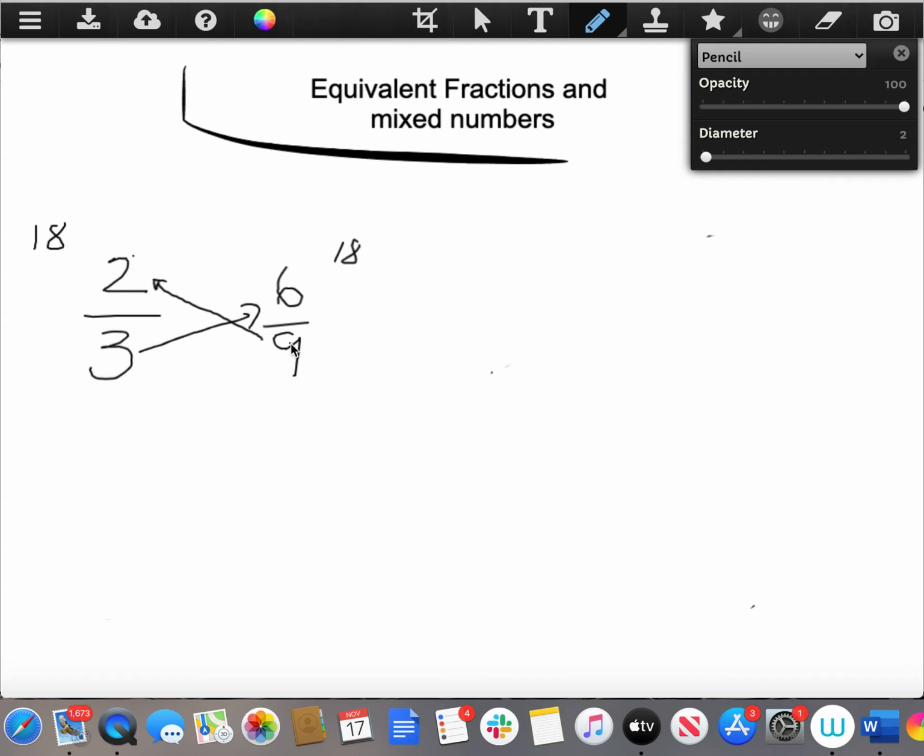Since this is 9, I can see what do I multiply 3 by to get to 9 over here. So if I multiplied 2/3 by 3, whatever I do to the bottom, I have to do to the top, I end up with 6/9, which is equivalent, right? So I know it's equal because I just made an equivalent fraction from it.